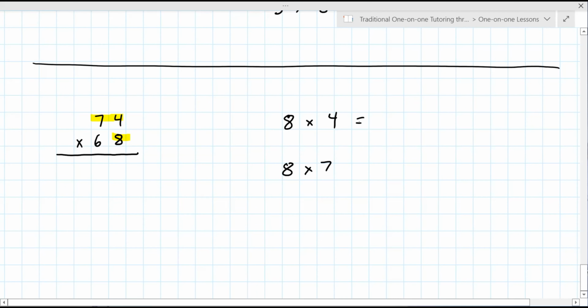Let's start with 8 times 4. 32. So you put a 2 down with a carry of 3. Then you take the 8 and multiply it by the 7. That's 56, but then you add the carry, the 3, and that's 59.